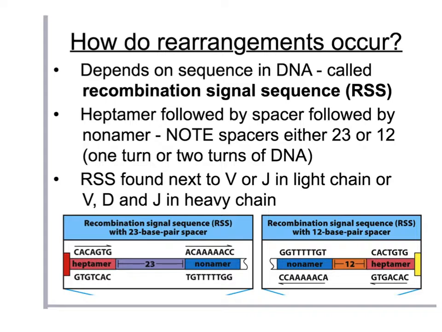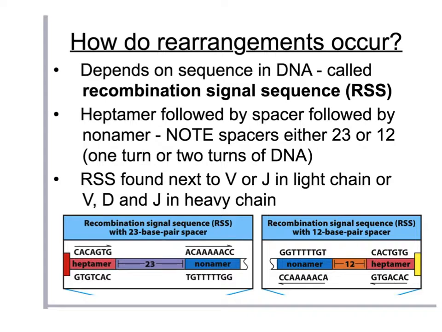How and why does rearrangement occur? We can't really know why. We know how. So there are these sequences of DNA called recombination signal sequences. Obviously, we've named them this. They don't come stamped where it says recombination signal sequences. RSS.